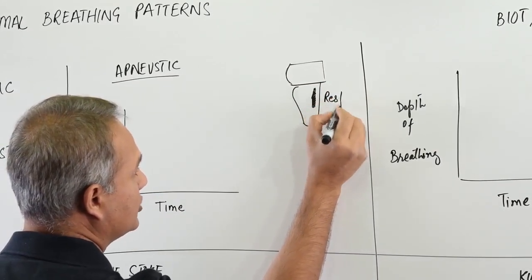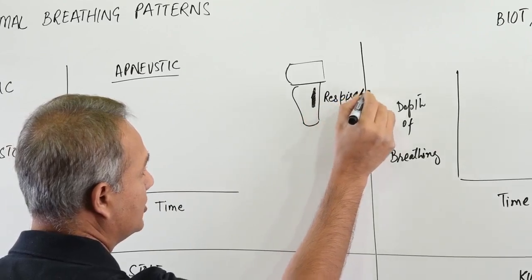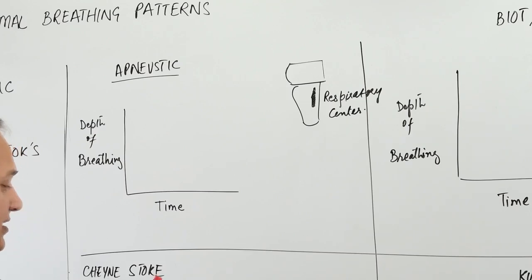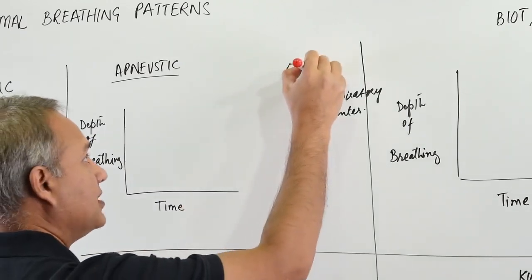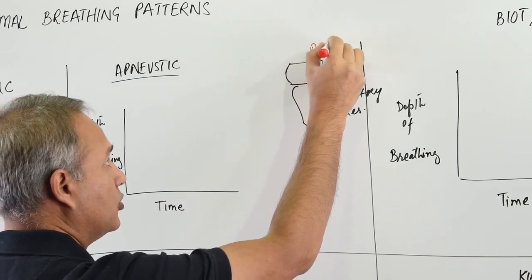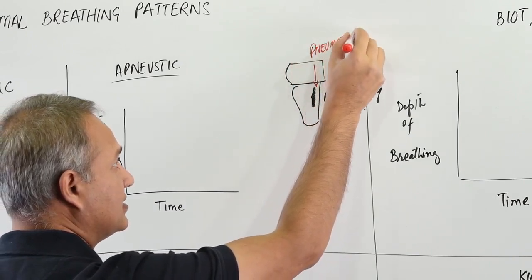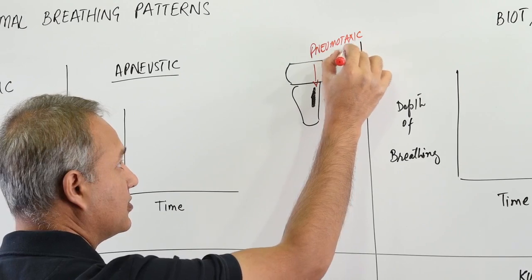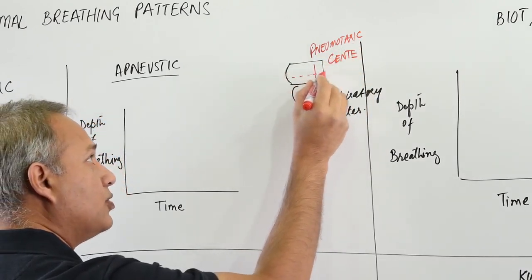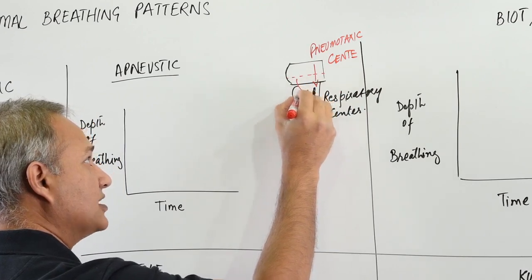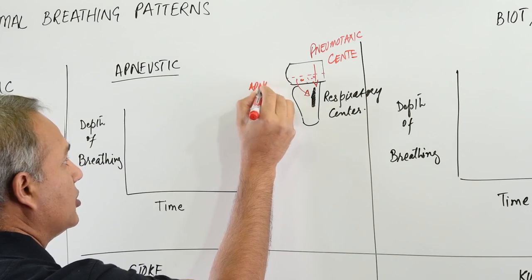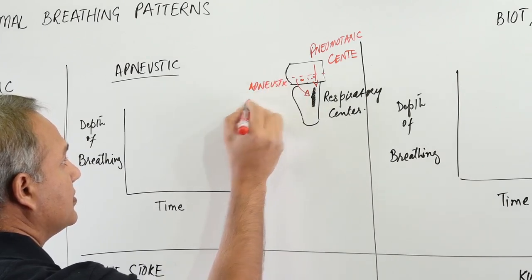This center in the medulla is receiving impulses from the pons pneumotaxic center, and it also receives impulses from the lower pons apneustic center. So there is a center here, apneustic center.